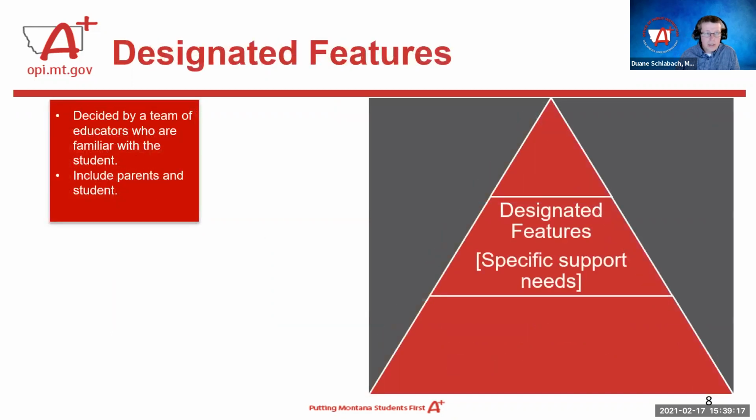And then we're going to jump to the next feature here, which is designated features. This is that middle tier of accessibility tools. They are specific support needs as determined by the student, family, and team of educators who support the student.